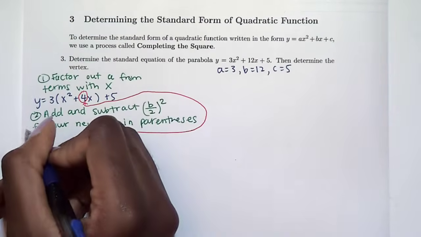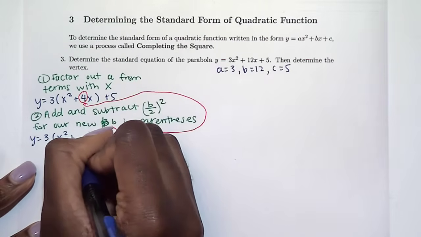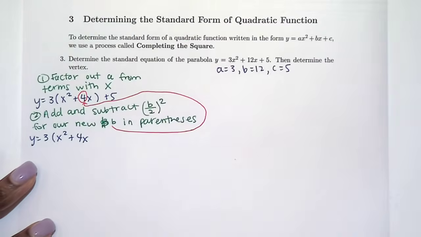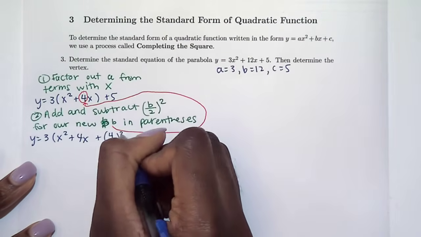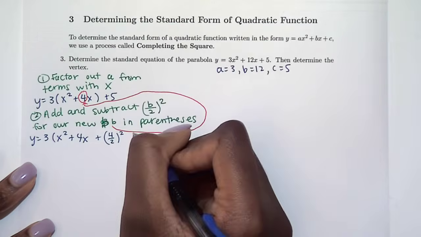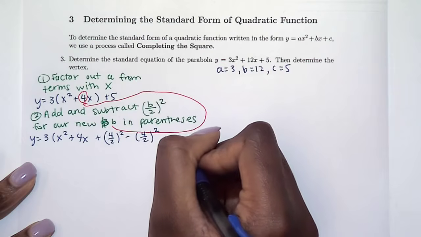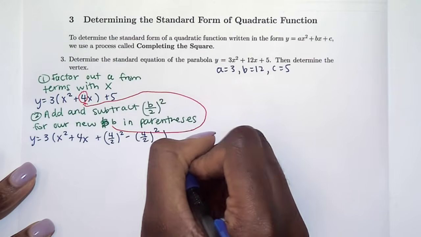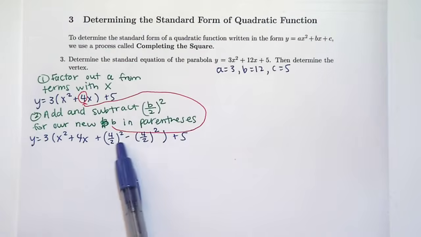So I'll show you what that looks like. X squared plus 4x, and then we're going to add 4 divided by 2 squared, and we're going to subtract it. And then plus 5. All right, so we can do this, add and subtract the same thing.